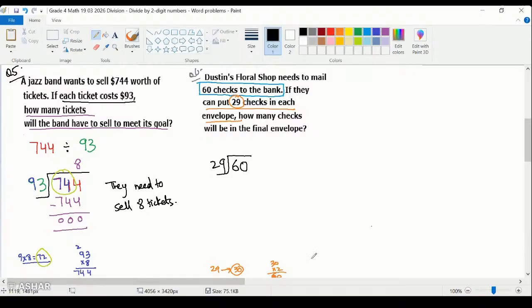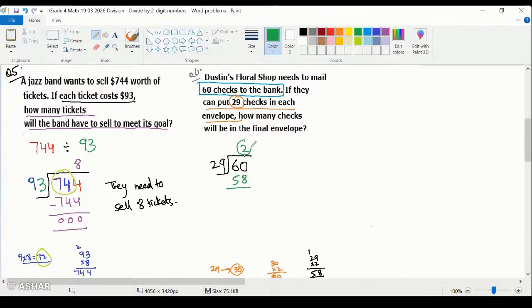So can we say 29 multiplied by 2 would be, 2 times 9 is 18, and comes out to be 58. So 29 times 2 is 58.